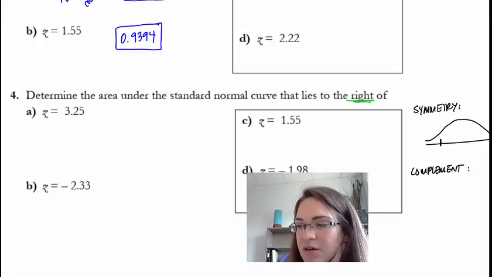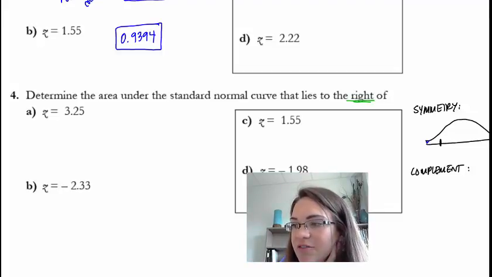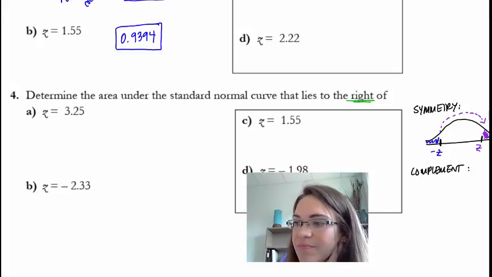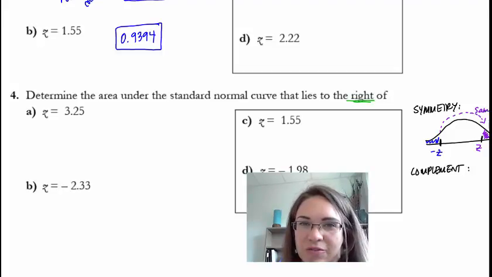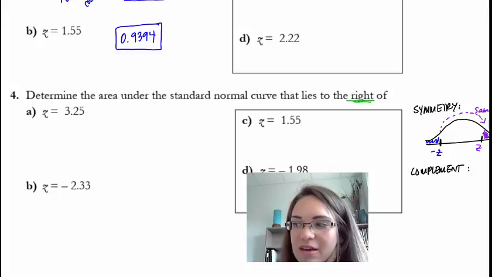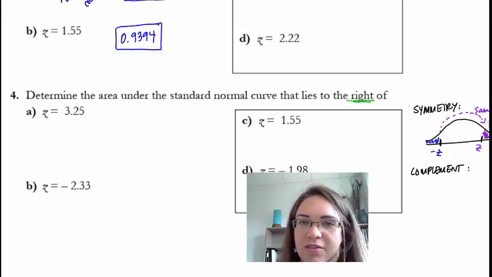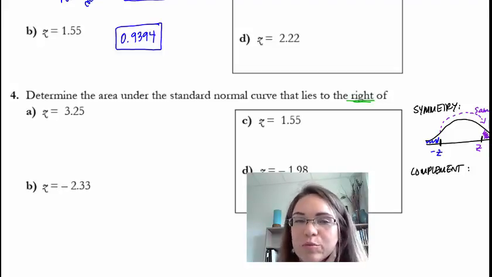So if I know the area to the left of some negative z value, by symmetry, this will be the same as the area to the right of the positive z value. If they have the same z value, only different by a negative sign, then the area on the extreme side, either to the left of the negative or to the right of the positive, will be the same. That's because the curve is symmetric.